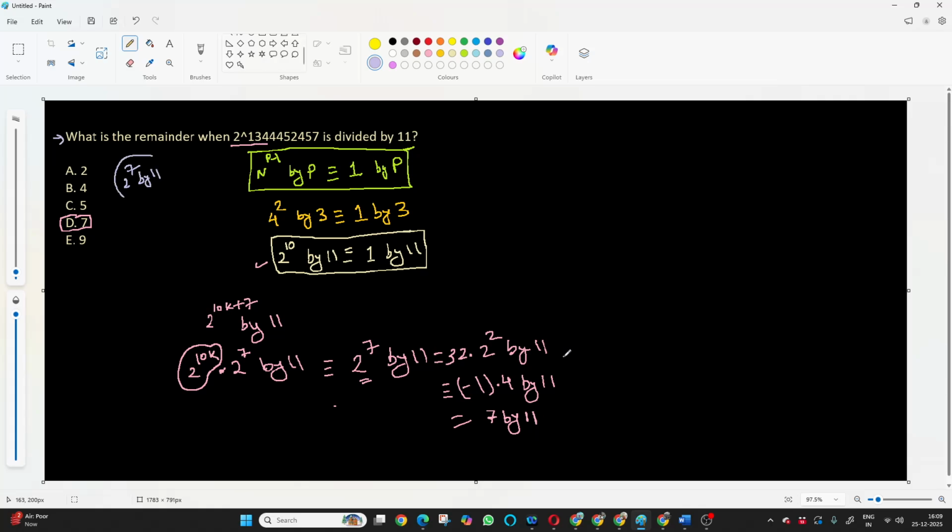This is what you will directly jump to. And then from here, you can break it as 2 to the power 5 into 2 to the power 2, or 2 to the power 6 into 2. Either way, you will reach this answer within 10 seconds maximum. So that's the idea, and that's how this tool is going to be beneficial. Thank you.